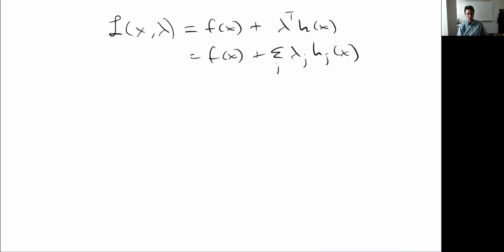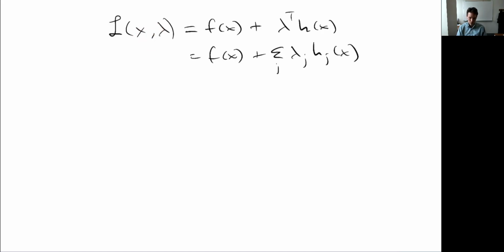This is what we define as the Lagrangian. One way you could think about what we've done here is we've taken a constrained problem and turned it into an unconstrained problem with more variables. We added these new variables, lambda, which we don't know beforehand, right? They're additional unknowns, just like x. We don't know what they are, so we actually have to solve for them together.